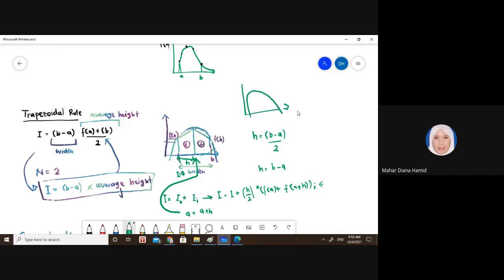So it would be a straightforward trapezoid, and we miss out this part and this part, this part. However, if we have more segments, for example, 2 segments, we can minimize the area that we miss out. So if we have a higher number of segments, therefore the accuracy would be much better.